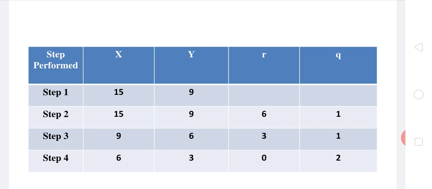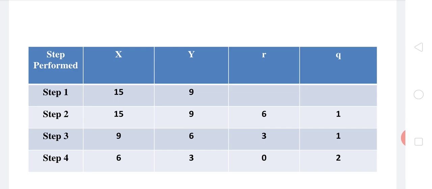If the value of r, the remainder, becomes 0, then directly print the value of y. But now the value of r is 6, so assign the value of y to x.